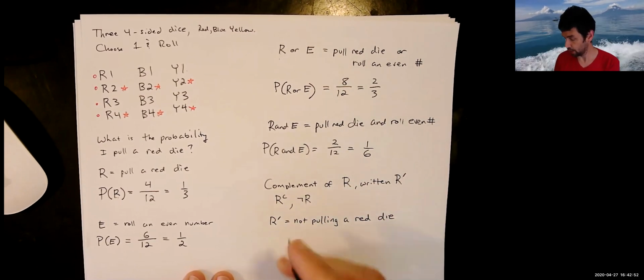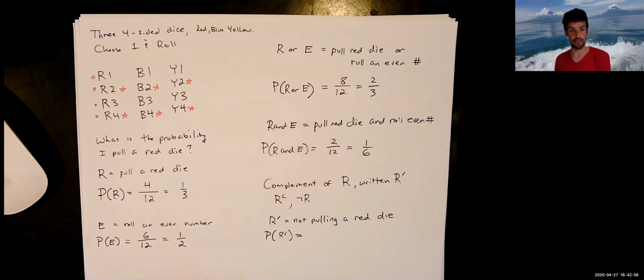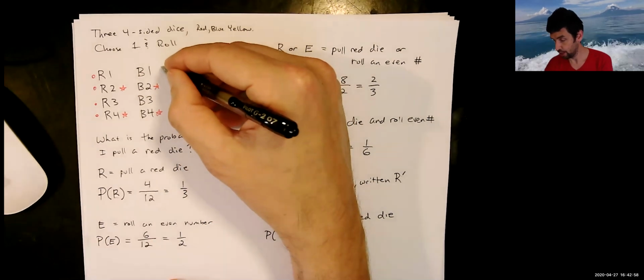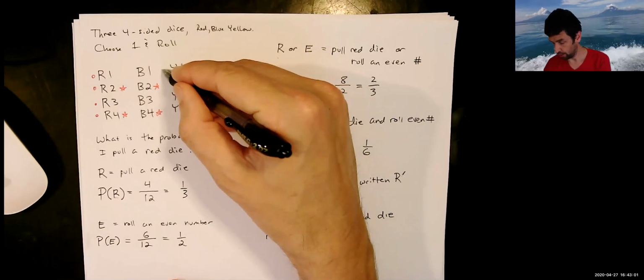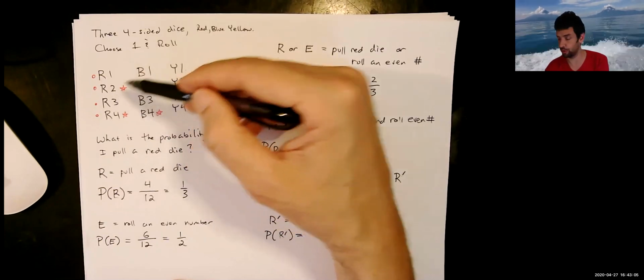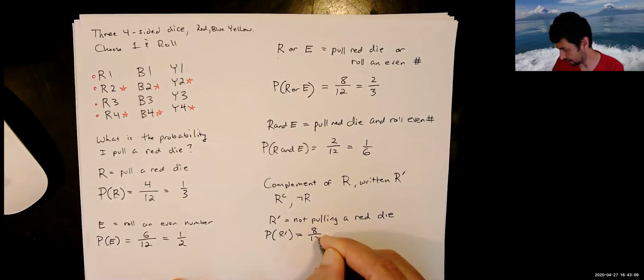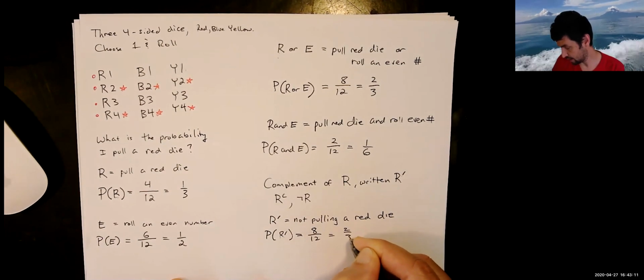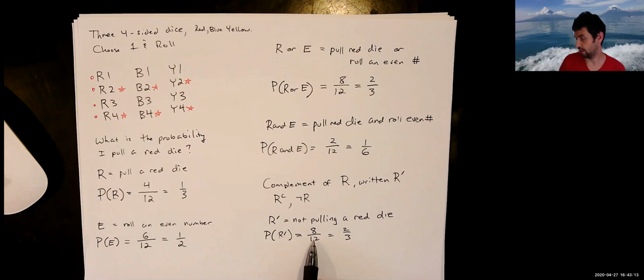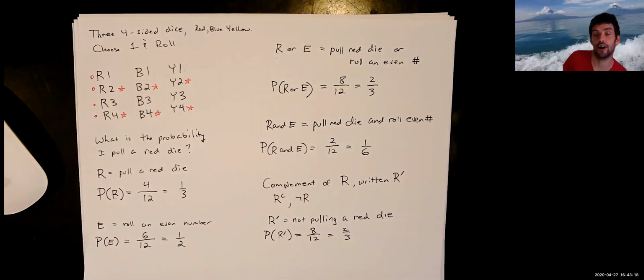Right? So the probability of R prime in this case, if we look back up here, we're just counting all the times. It's everything, but these are the 4 where red's pulled. So the rest, the other 8, are the probability. We get 8 out of 12 is the probability of not R.